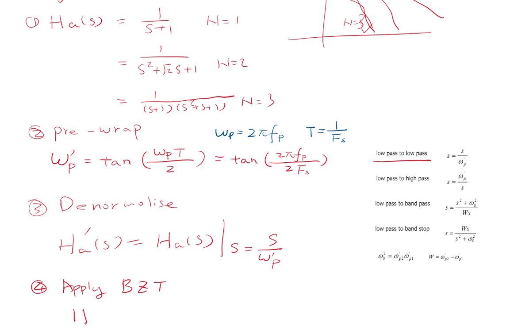You have this template from analog, so you just replace this s with z minus 1 over z plus 1. Then you got a capital H z. That's the full step you're gonna follow.